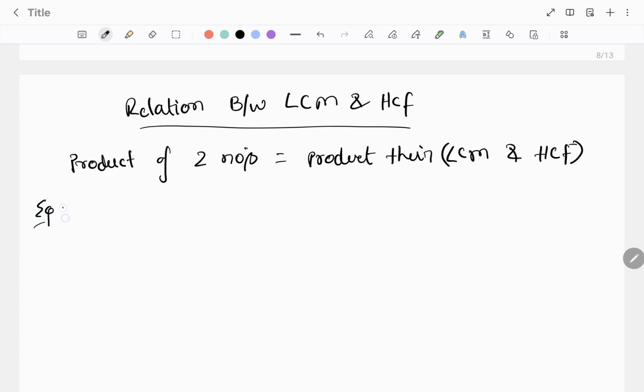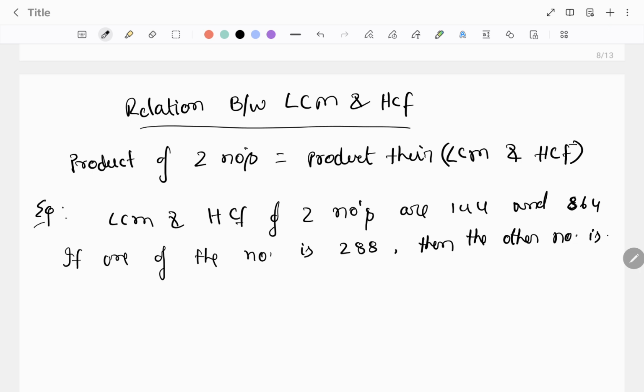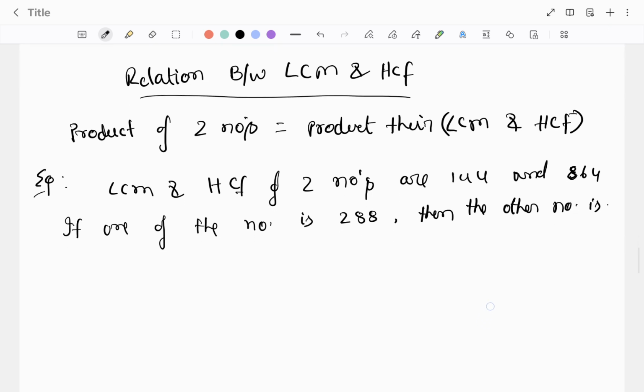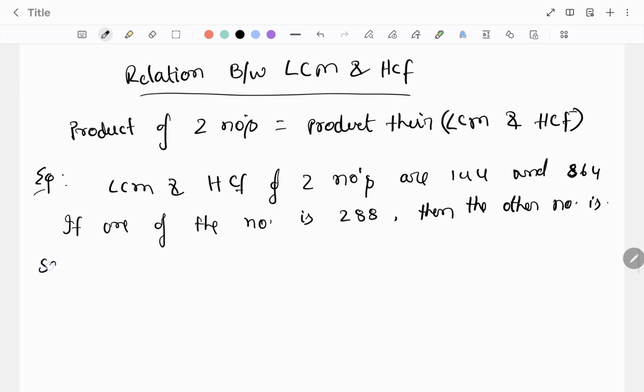We'll do a question on this. LCM and HCF of two numbers are 144 and 864. If one of the numbers is 288, then the other number is, according to the formula, let one number be 288 and the other number be B. Then HCF and LCM are given as 144 and 864.